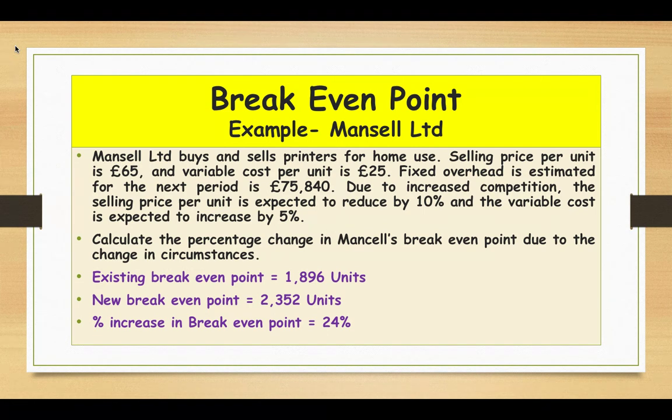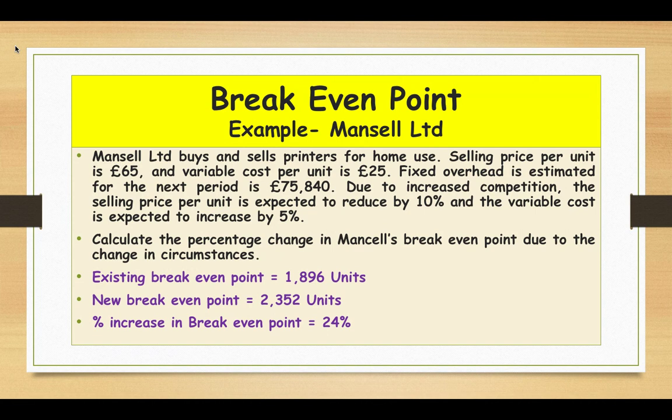Now, due to these changes, the break-even point is also going to change because the selling price is going to be reduced by 10% and variable cost is increasing by 5%. So the contribution per unit is going to change, but the fixed cost is not changed. So we need to calculate the new break-even point.